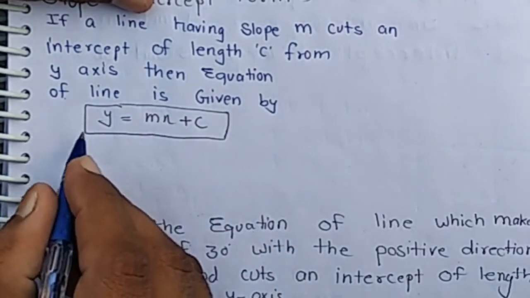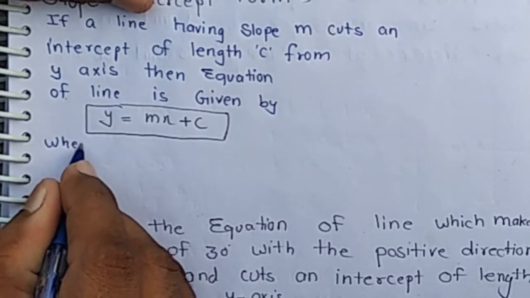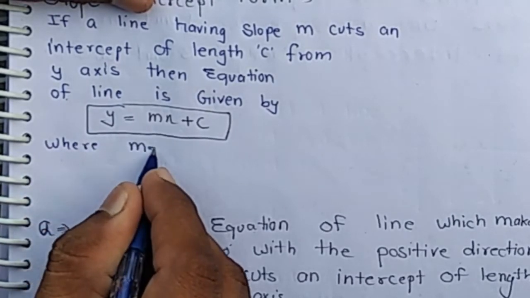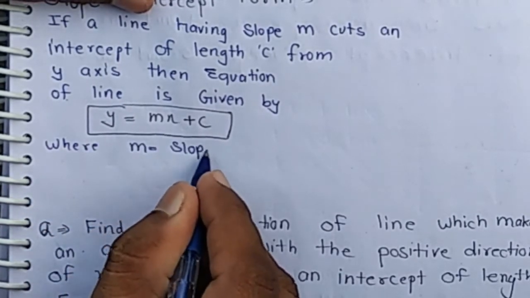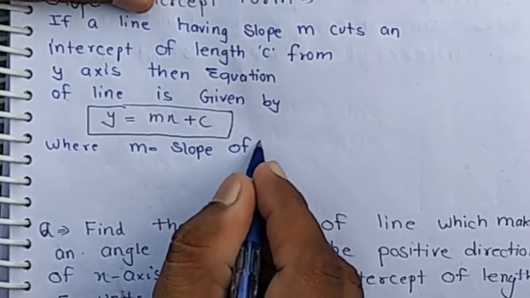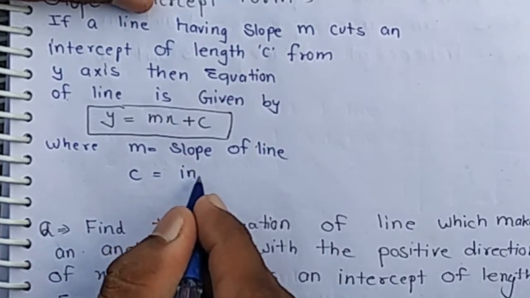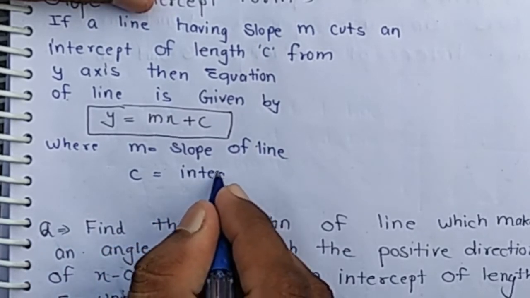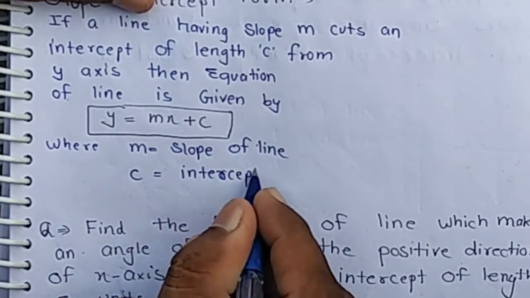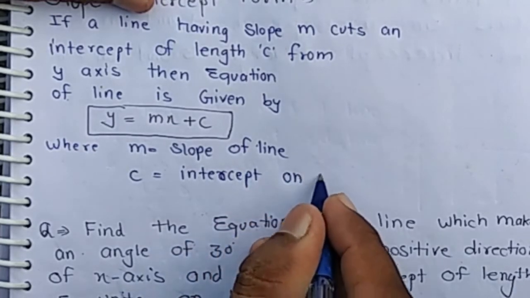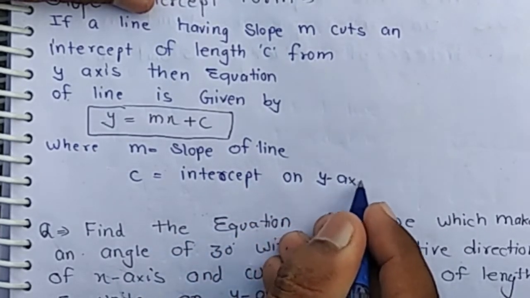where m is the slope of the line and c is the intercept on the y-axis.